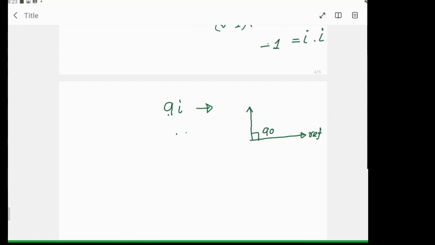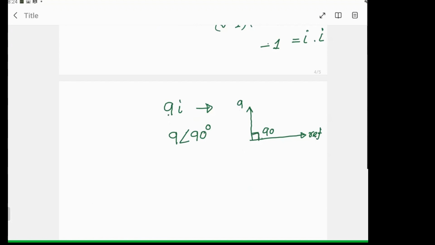So this 9I actually represents 9 at an angle of 90-degree, right? So this is a vector representation, and that vector 9 is making an angle of 90-degree with the reference.